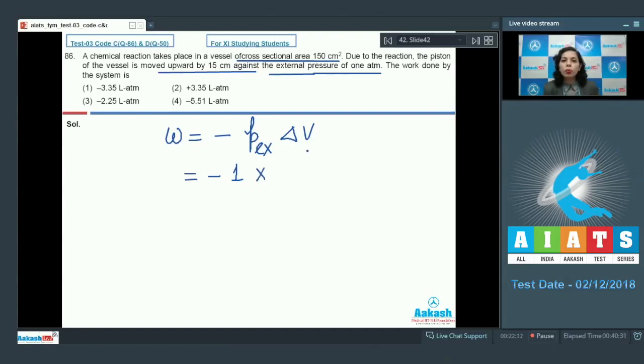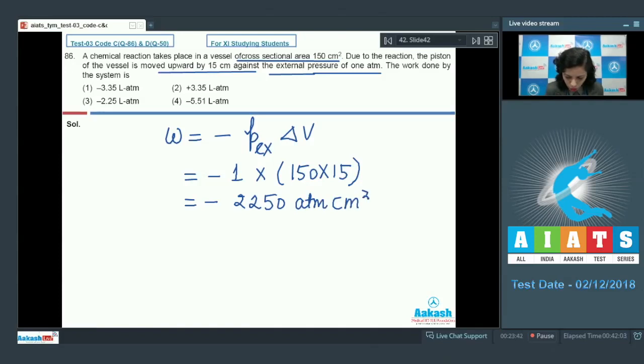It means the volume of the product formed there is the area occupied by that into height or the distance traveled by the piston, that is 15 centimeter. So it would be minus 2250 atmosphere centimeter cube.